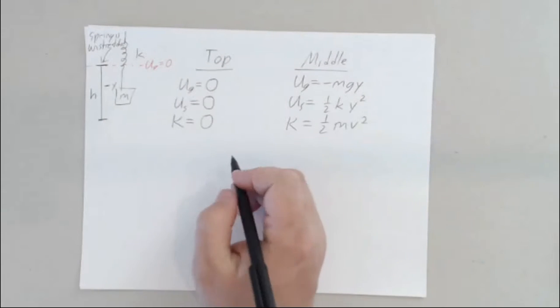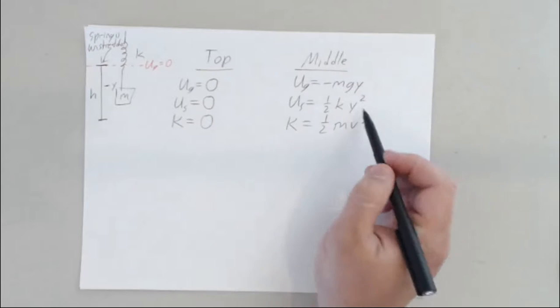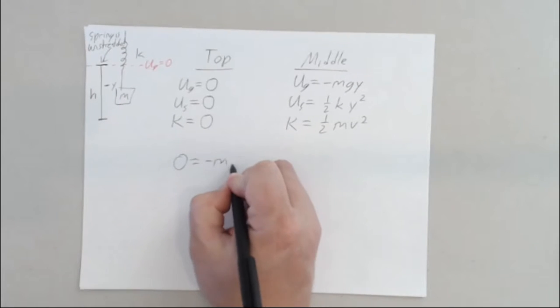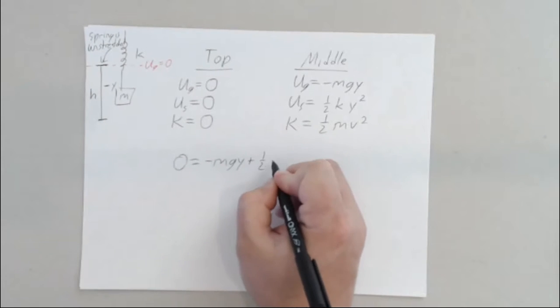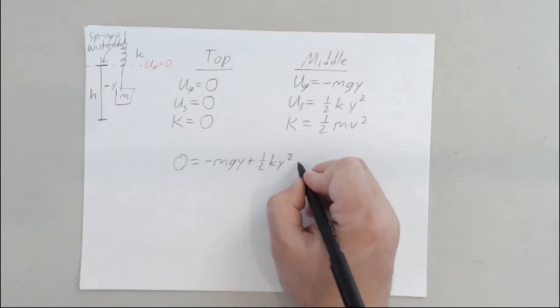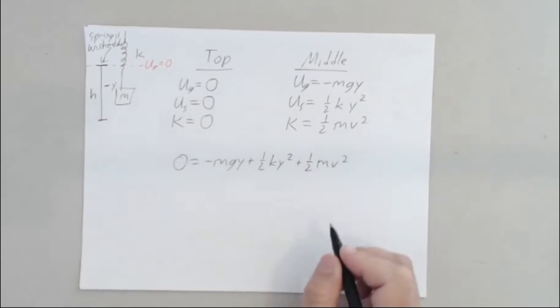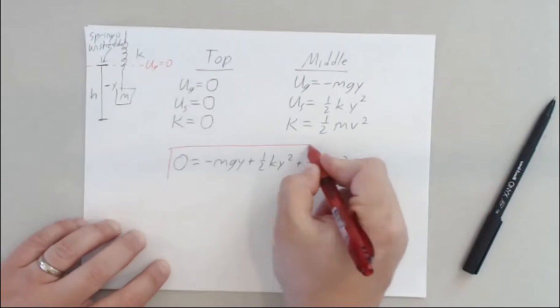Conservation of energy says I can add all these up and make them equal to the sum of all those. So if I write that out, I get 0 equals negative mgy plus 1/2 ky squared plus 1/2 mv squared. And there is my statement of conservation of energy.